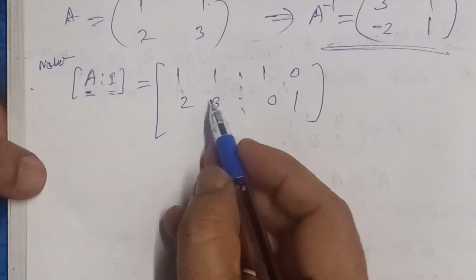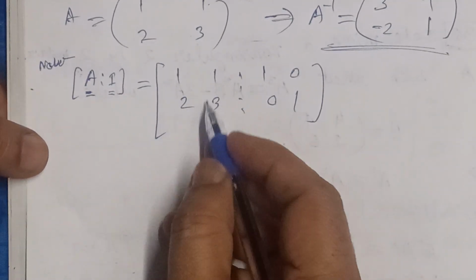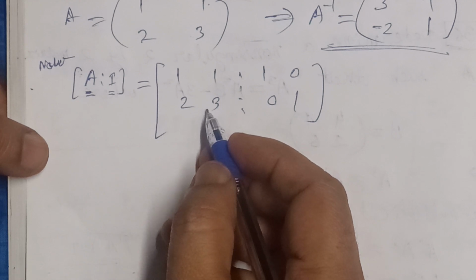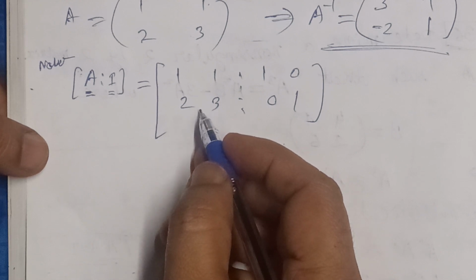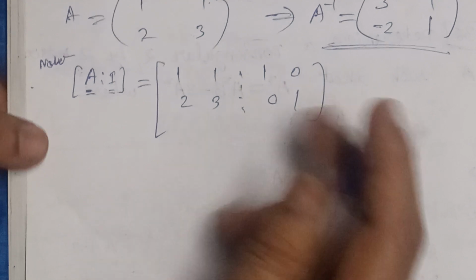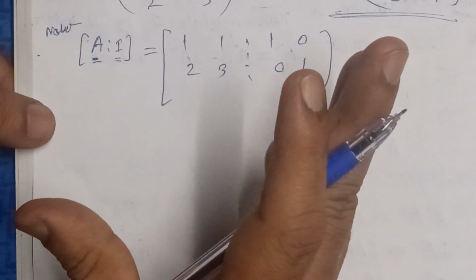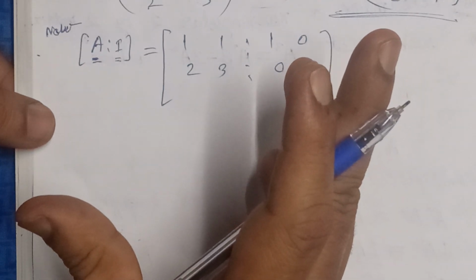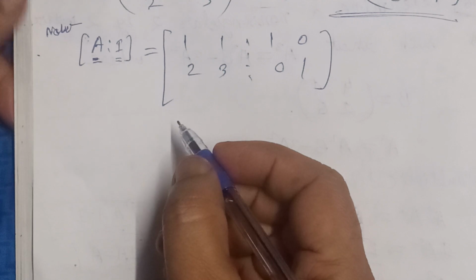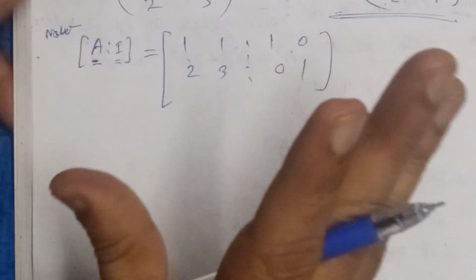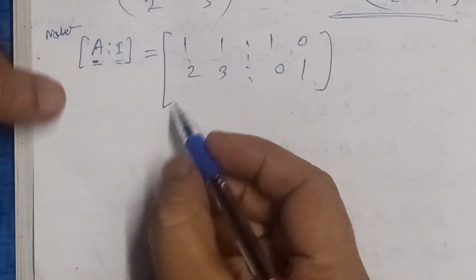We have to convert this A into the identity matrix. I will apply the operations on rows only. We are not allowed column operations. We are allowed operations on rows.